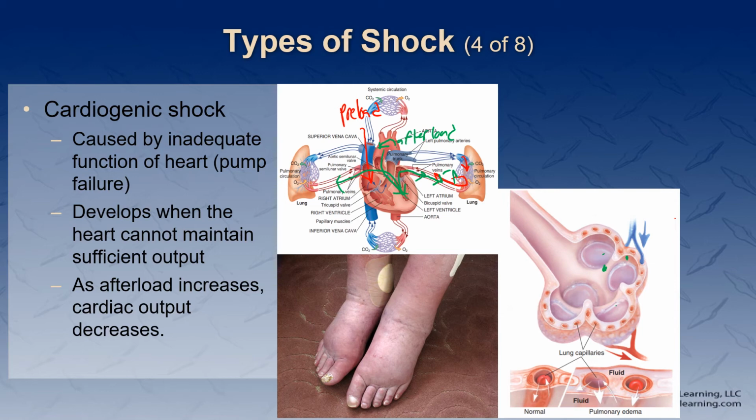The reason that happens is the left side typically ends up, if somebody has untreated hypertension, right? Their peripheral vasculature stays clamped down all the time, and they've got this high afterload all the time, and the left heart gets thick and stiff and tired and unable to beat effectively. So you end up with left-sided heart failure.